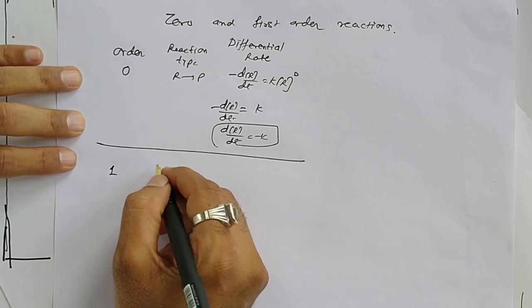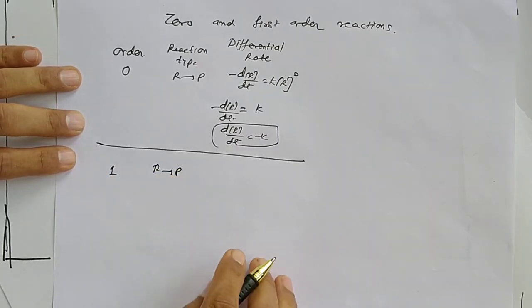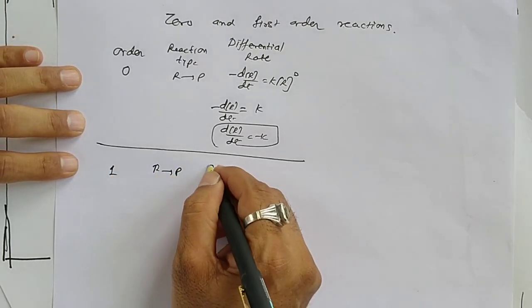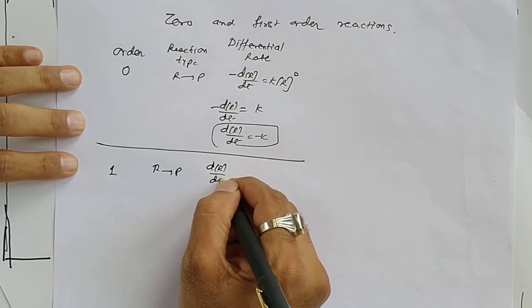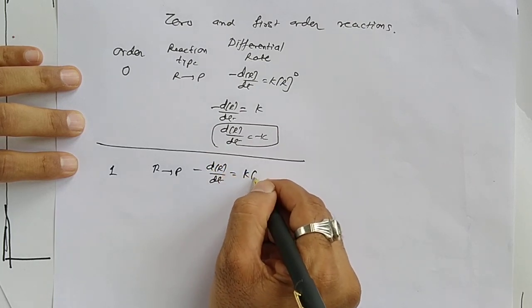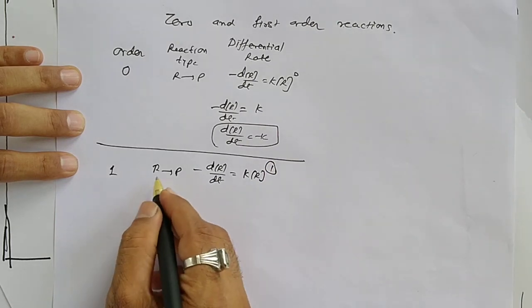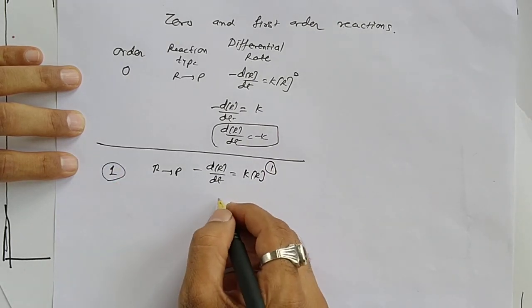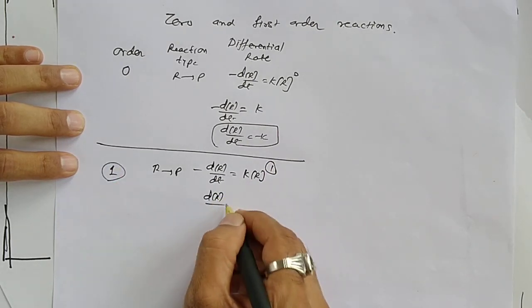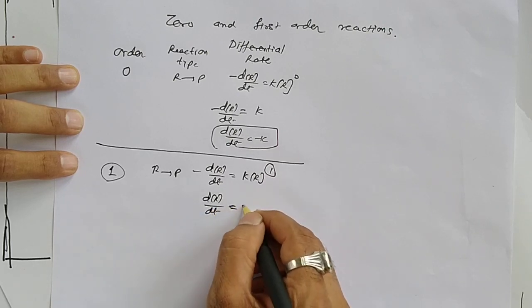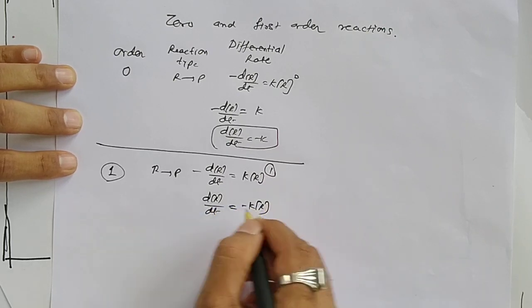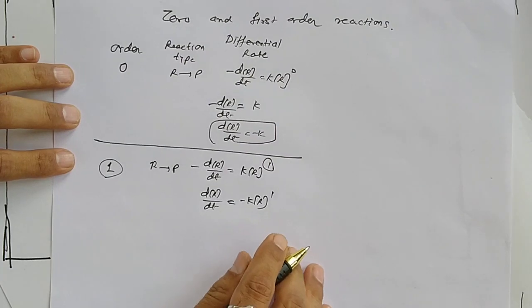Now for first order, reaction type is R gives P. So here dR upon dt is equal to K R raised to 1, power is 1 because of first order. Otherwise dR upon dt is equal to minus K R, minus comes here, both are true.